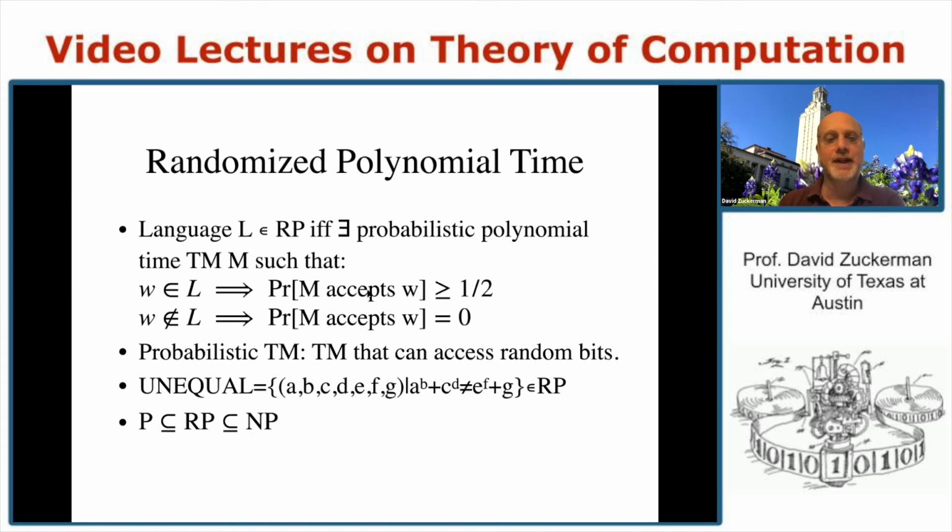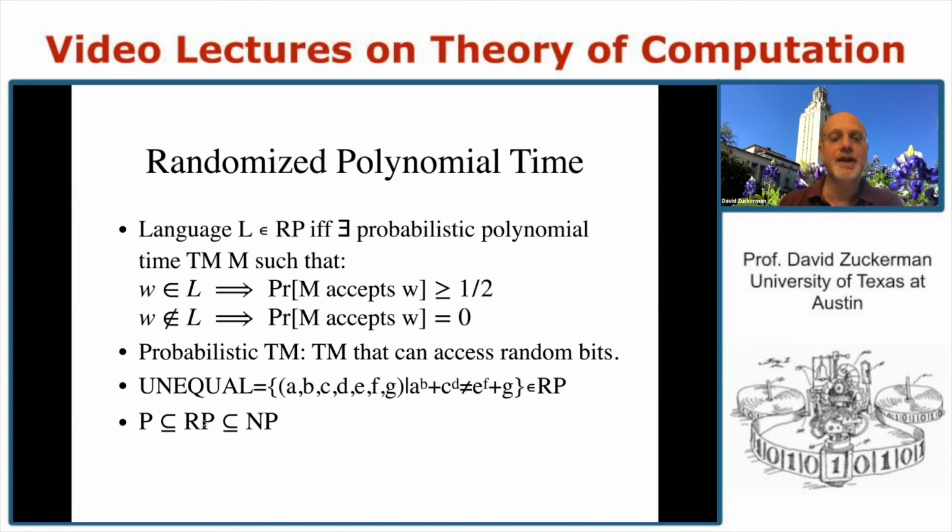Well, a certificate that w is in the language is just some random string that causes M to accept. So in our example, a certificate is some prime that gives a to the b plus c to the d mod p different than e to the f plus g mod p. In fact, in that original example, p was just 2, and I showed you that the left side was odd and the right side was even. So that was sort of an example of an NP certificate.